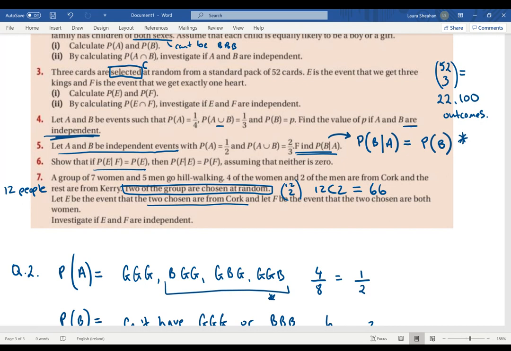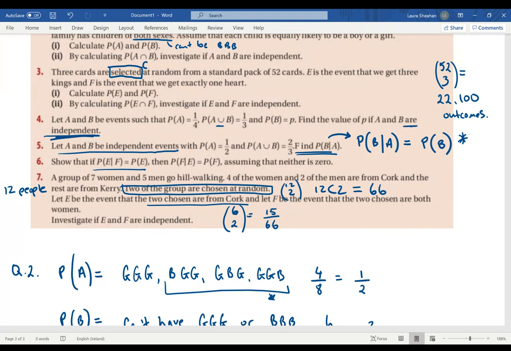I have 6 people from Cork, and I'm going to choose 2. The probability that I choose 2, I've got 15, and that's over my 66, because 15 of those 66 possible selections could come from Cork.